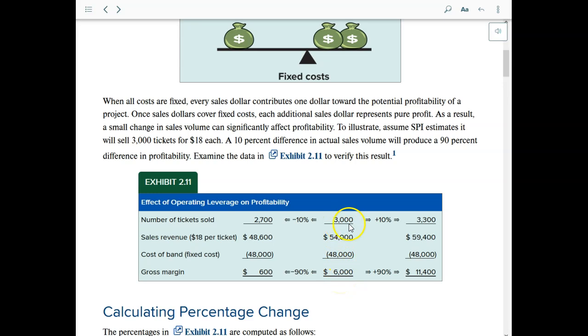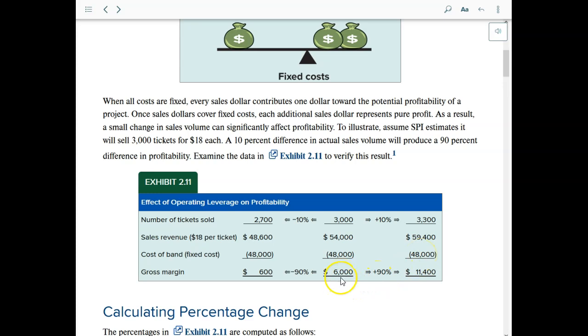Now, if sales go up 10%, so if we sell an extra 300 tickets, we now go up to 3,300. 3,300 times 18 per ticket, 59,400. Our revenue goes up quite a bit, 10%. Fixed costs don't change. Look what happens to gross margin.